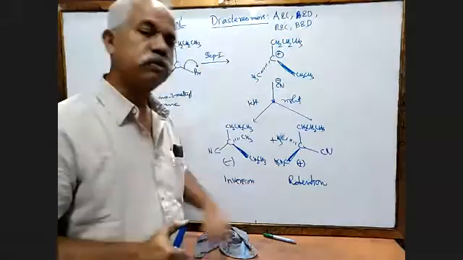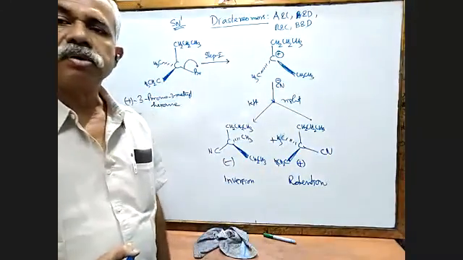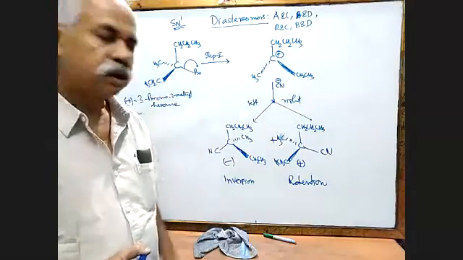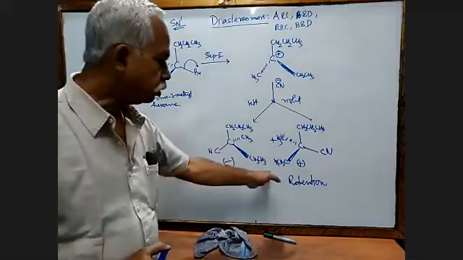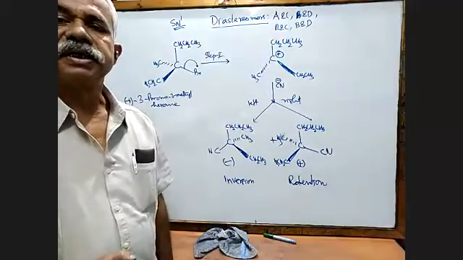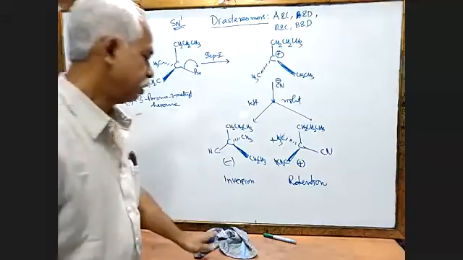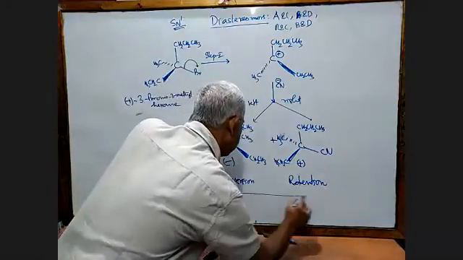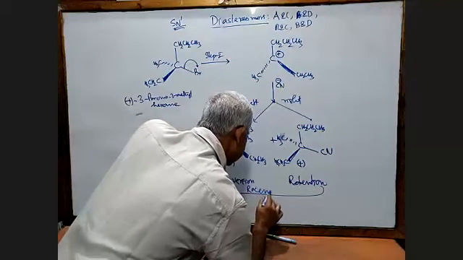In the reaction, do I not get equal amounts of both enantiomers? So will this solution be optically active or not? This solution will not be optically active because it has formed a racemic mixture. So in that case, you are going to get a racemic mixture.